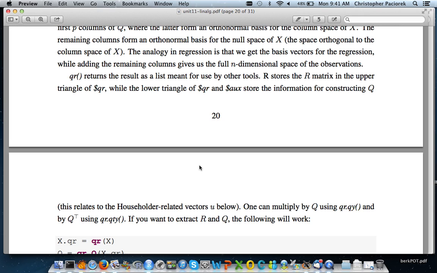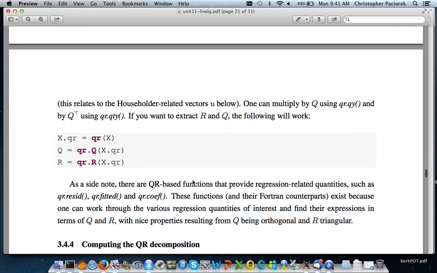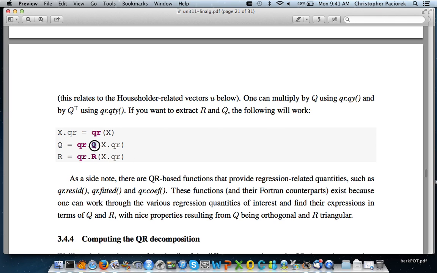So if you want to multiply something by Q or by Q transpose, you use these various methods that are associated with an object in the QR class. So this goes back to S3 R object-oriented stuff. And if you really want to extract the actual Q matrix and the actual R matrix, there are also R methods that will extract those out of X.QR, which is going to be of the QR class.